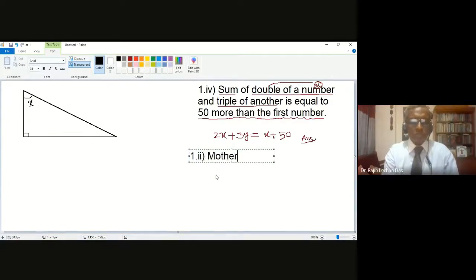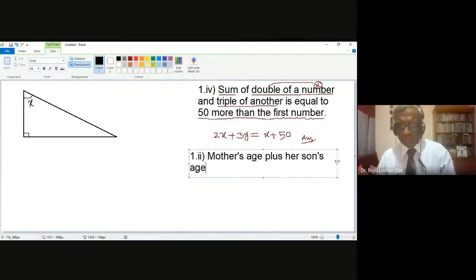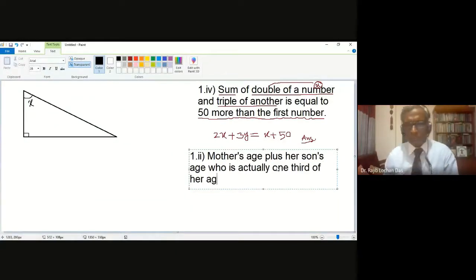So mother's age plus her son's age, who is actually one third of her age.